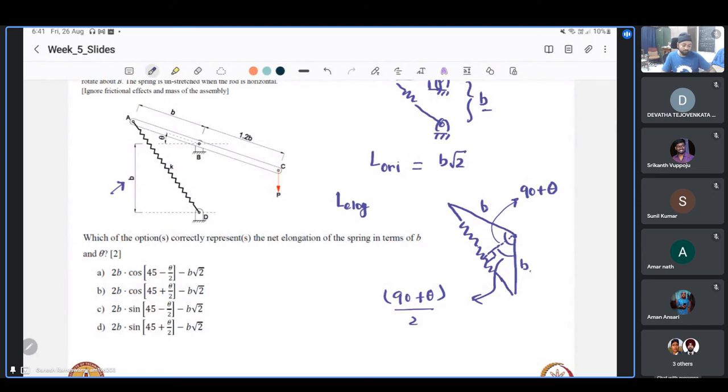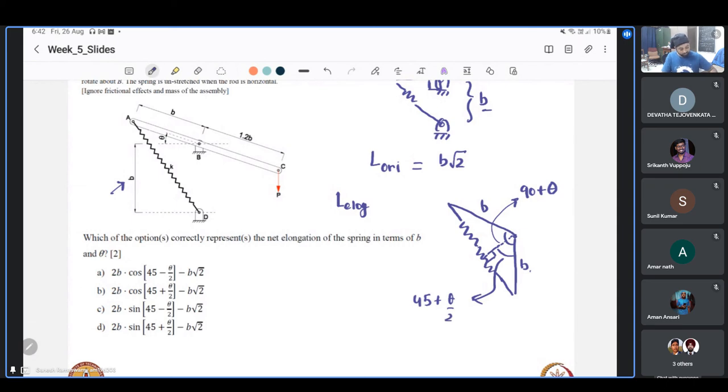Because both B are the same, so it divides the angle into two equal halves. So this angle is nothing but 90 plus theta by 2, and it comes out to be 45 plus theta by 2. I'll write it here straight away: this is 45 plus theta by 2.